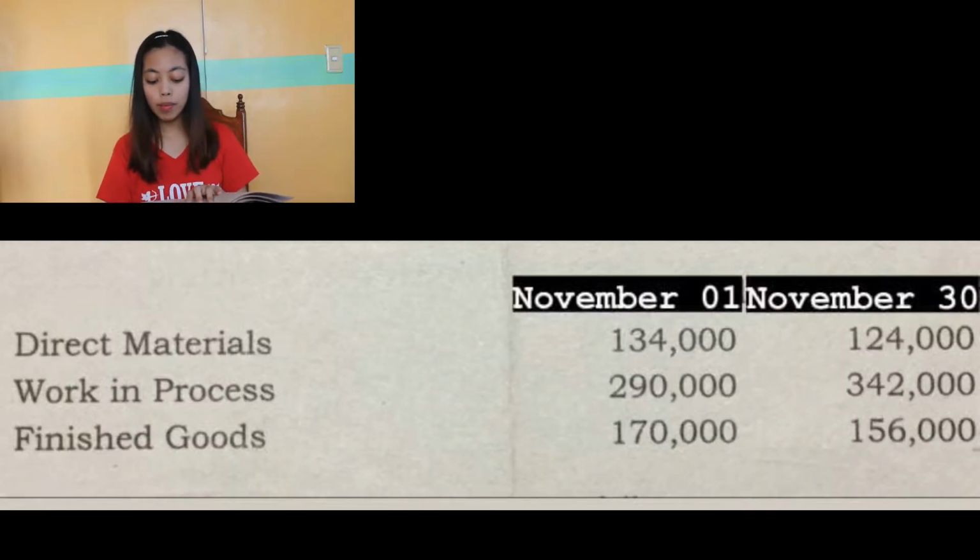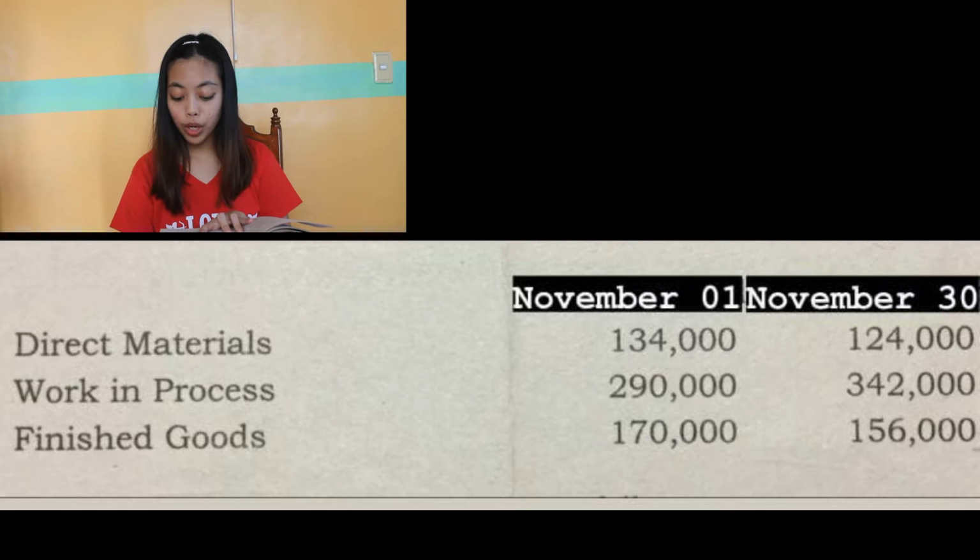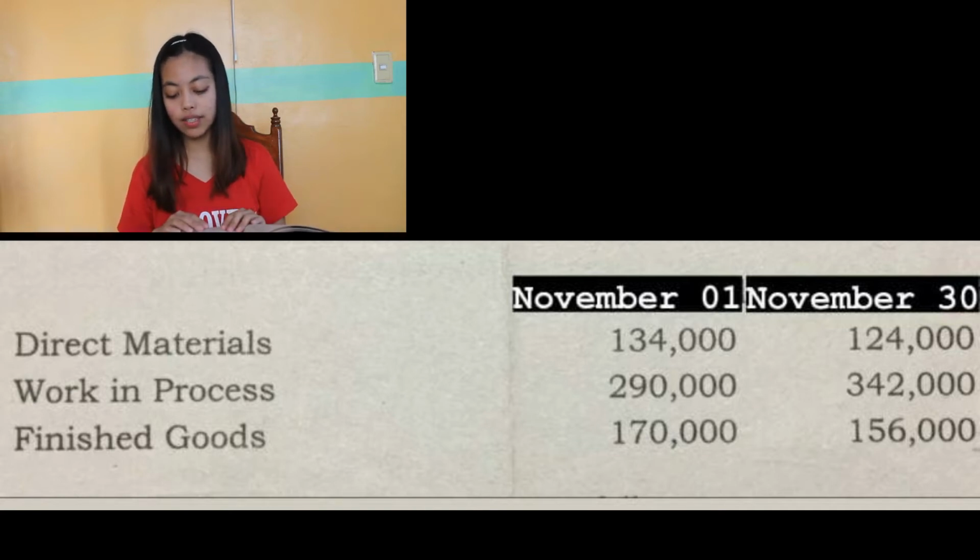We have direct materials. For November 1, we have 134,000. For November 30, we have 124,000. Work in process is 290,000 at the beginning and 342,000 ending. Finished goods, 170,000 beginning, 156,000 ending.